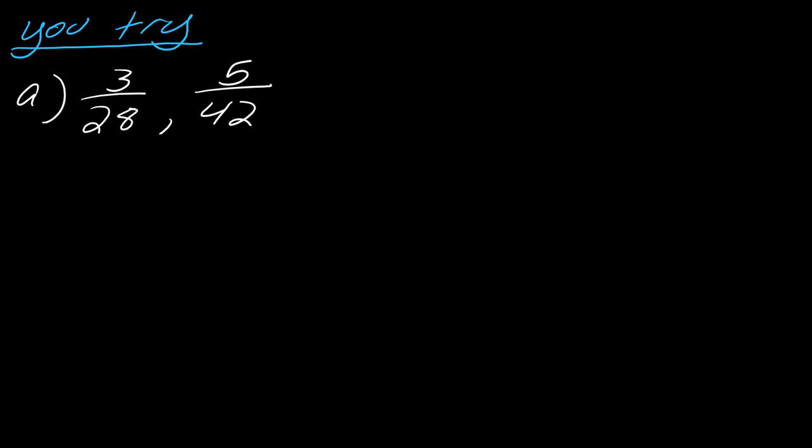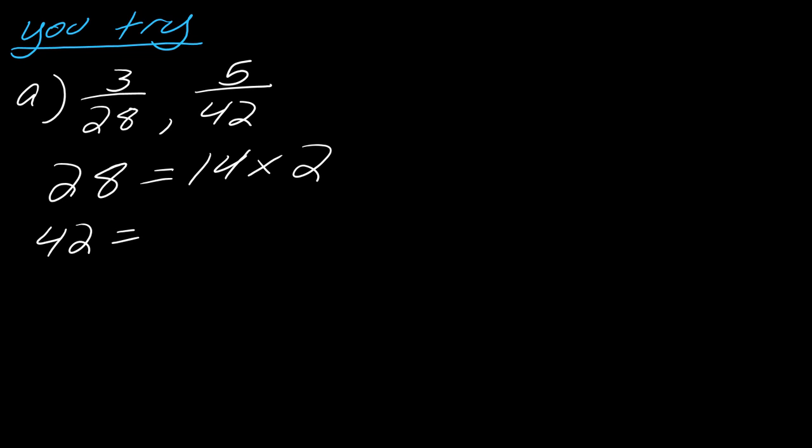Okay, so for 28 and 42, the largest number that will divide both is actually 14. So I take 28 and I write this out as 14 times 2. And then I take 42 and I write this out as 14 times 3. Now, what if you just chose 7?